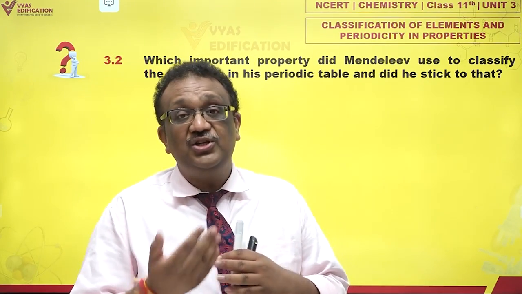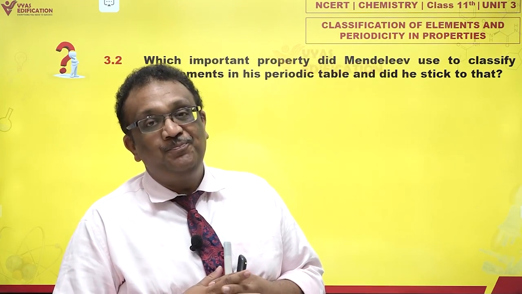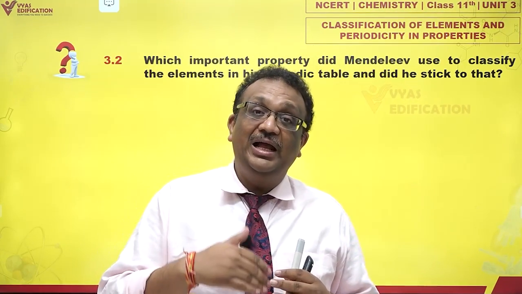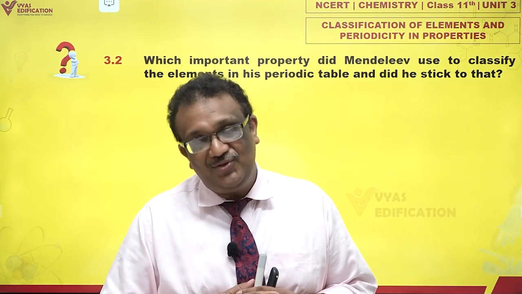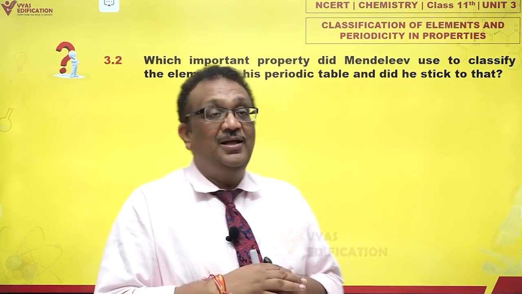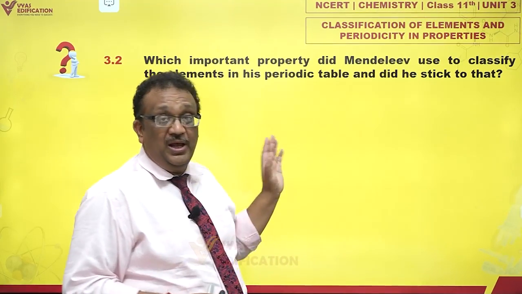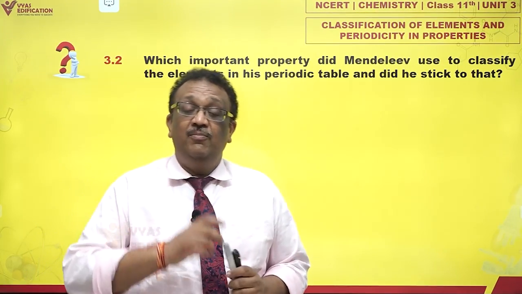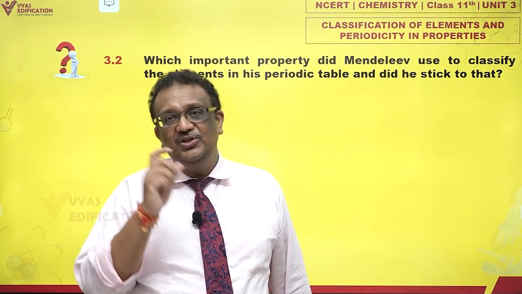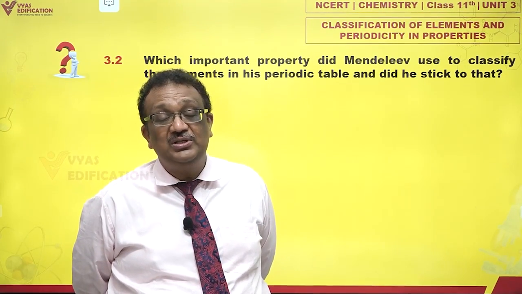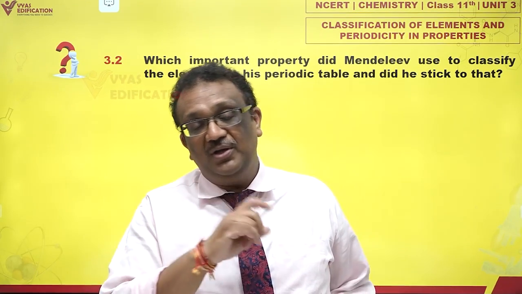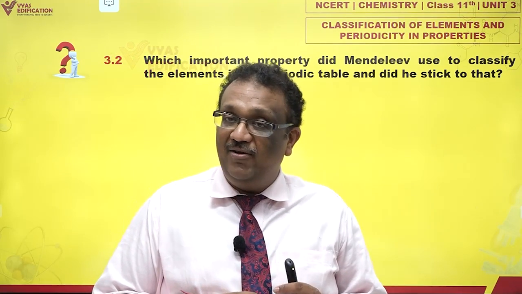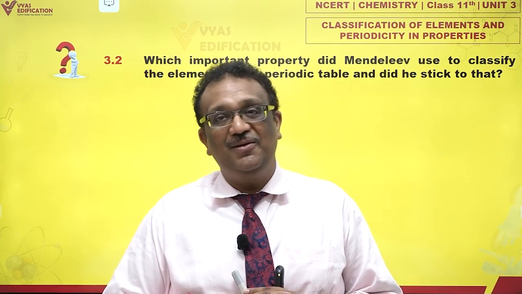He switched the locations of cobalt and nickel. He placed cobalt before and nickel later to make sure that the periodic properties match. So that shows that Mendeleev did suggest an important property or a rule, but the most essential portion of the guiding principle was the theme, that regular variation in the properties, and that is a must when it talks about the arrangement of elements in the periodic table.